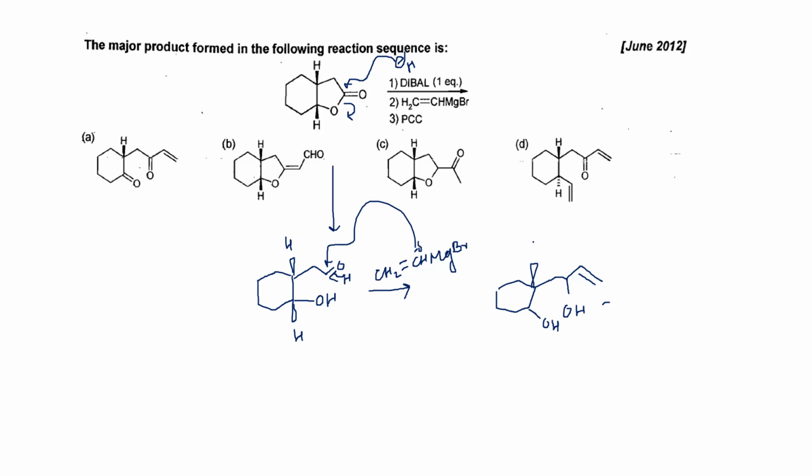Next, if you add PCC, both the OH will be oxidized as there is an H available here. So this will also oxidize, and as there is an H available here, both these CH groups will be oxidized, giving this as our desired product. So the correct option will be option A.